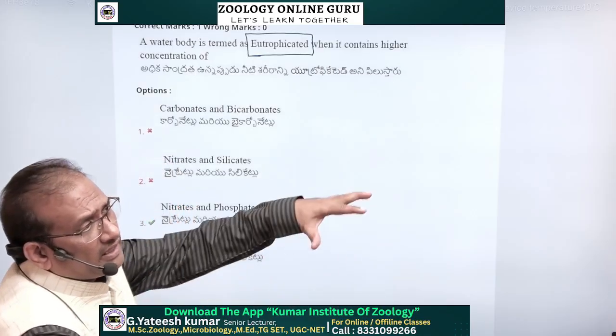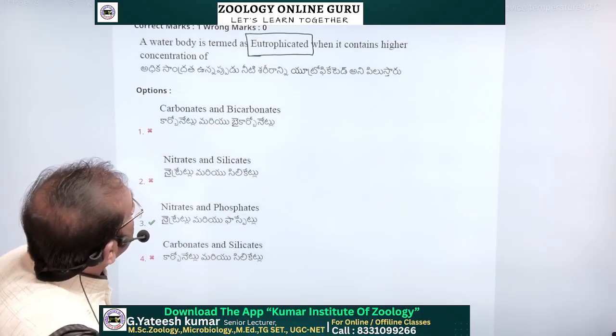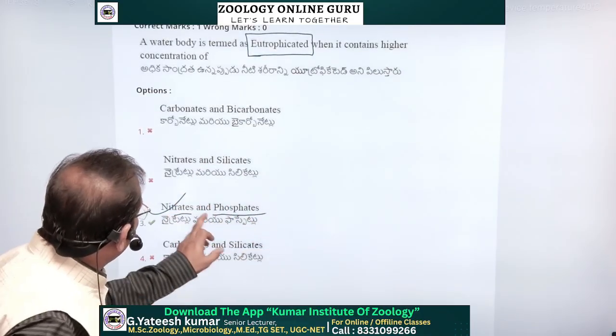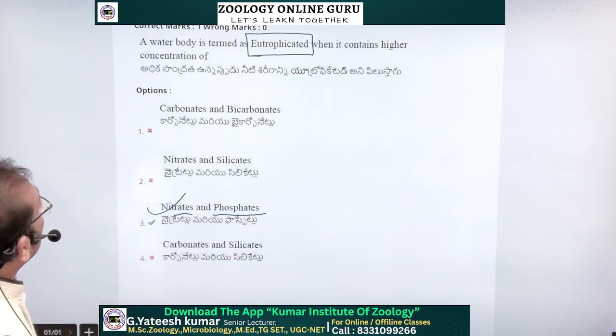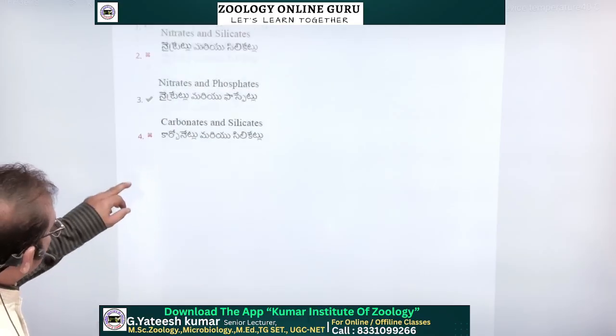So the greenery patch appears on the water body. That's called eutrophication. So the answer here: nitrates and phosphates increase the nutrient value of the water and create eutrophication. Option 3 is the correct answer. Yes.